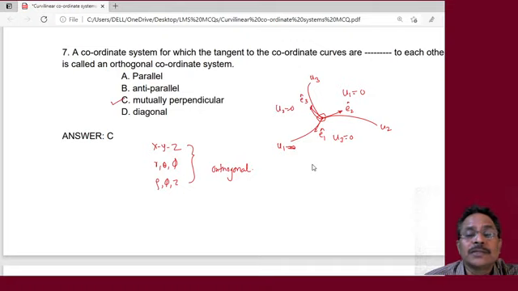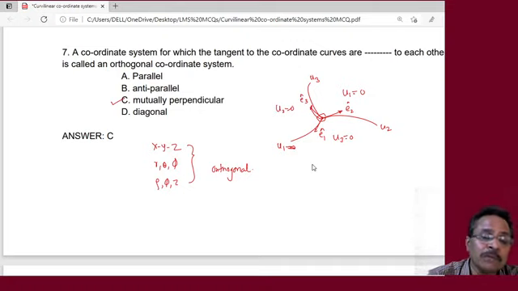For a generalized curvilinear coordinate system, this property also holds: E1 cap dot E2 cap, E2 cap dot E3 cap, E3 cap dot E1 cap. Whenever the dot product of any two unit vectors is found to be 0, all these unit vectors are mutually perpendicular to each other, and therefore such a system is called an orthogonal curvilinear coordinate system.